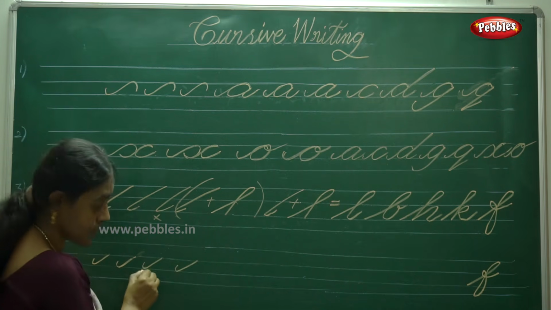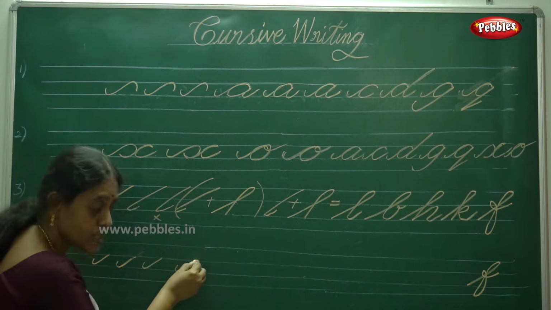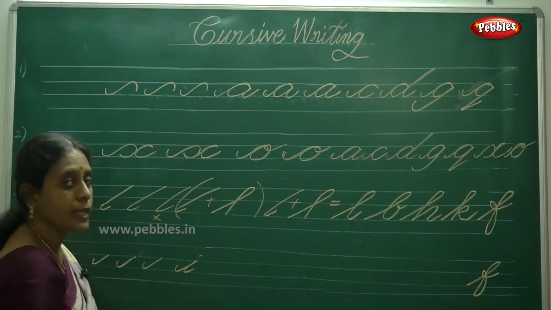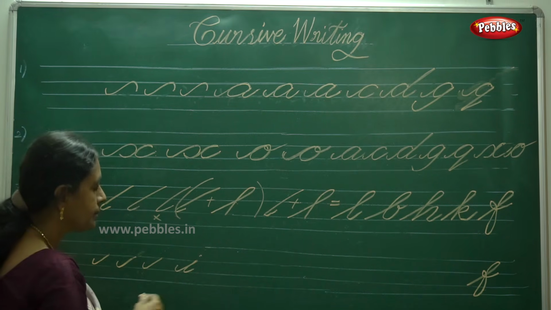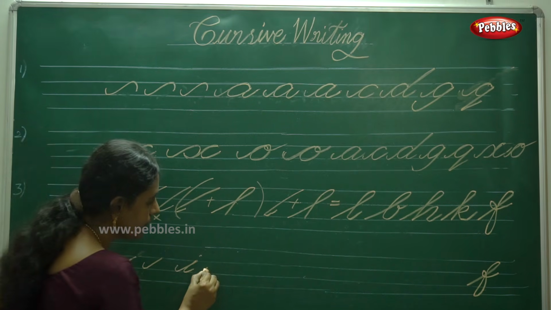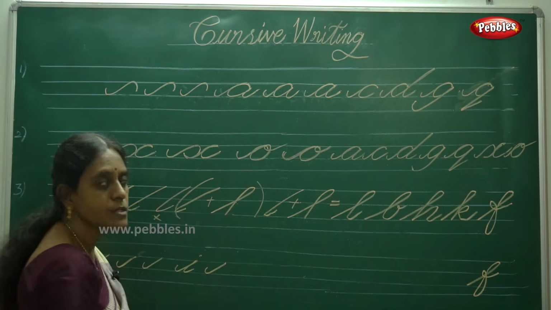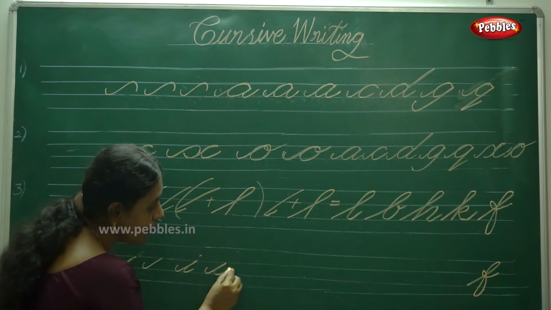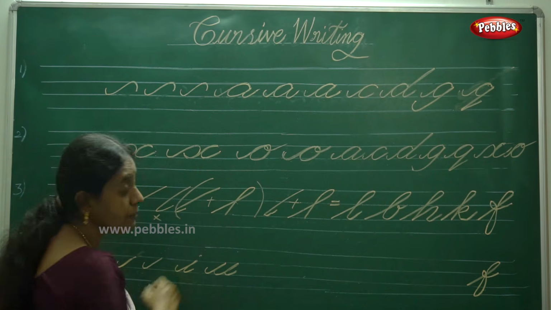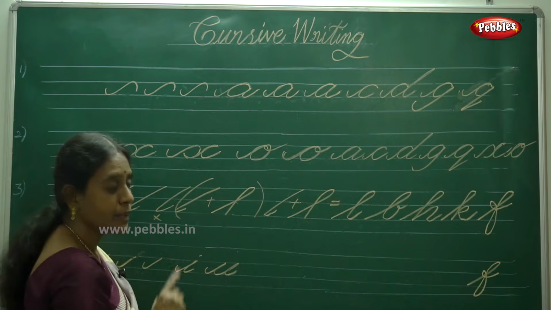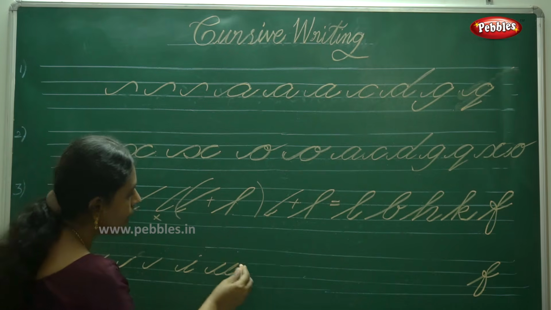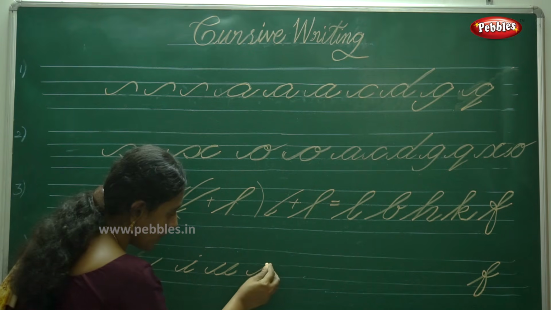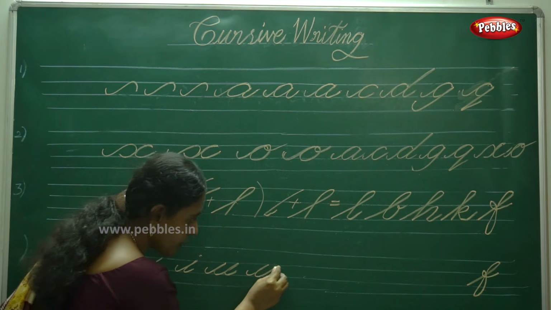First you draw this stroke, and from this stroke you have to write I. Okay, understand? Then again you draw this stroke. From this you have to make U. Alphabet U. Then you have to draw again this stroke. Okay, then I, U, Y.